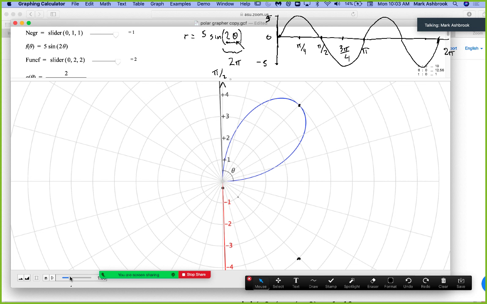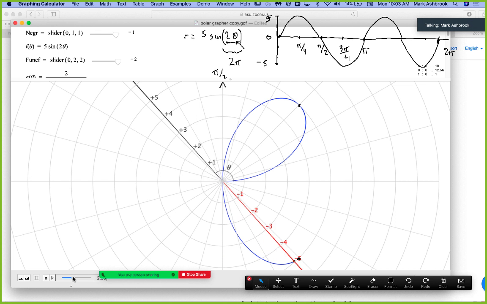So here, we're turning counterclockwise in the 2nd quadrant. Our values are negative, so we're going to graph in the 4th quadrant. So getting more negative, or decreasing rapidly, to -5 at 3 pi over 4. And then from 3 pi over 4 to pi, from -5 back to 0.